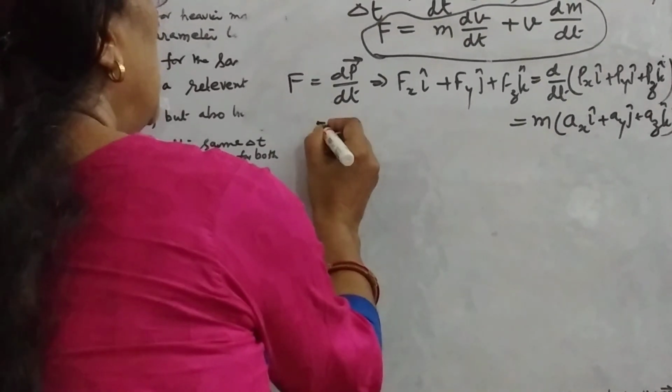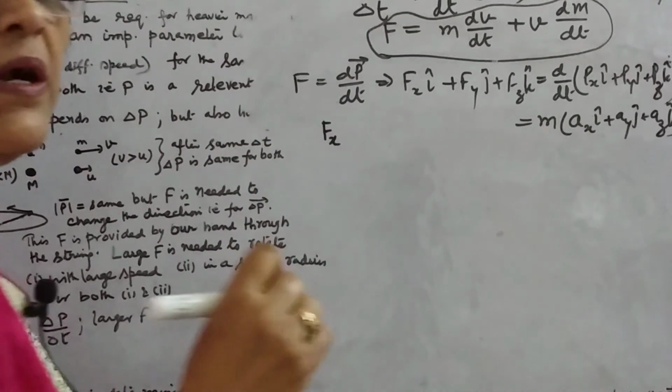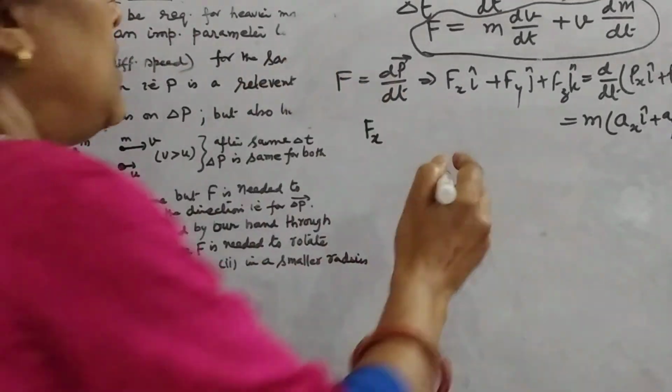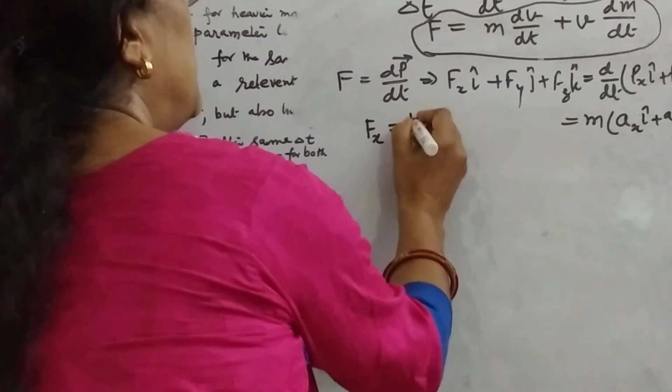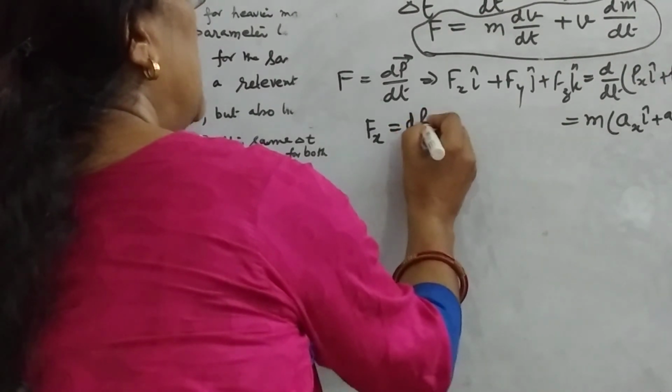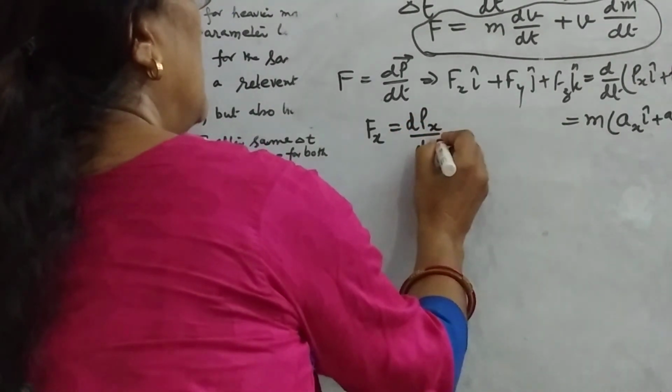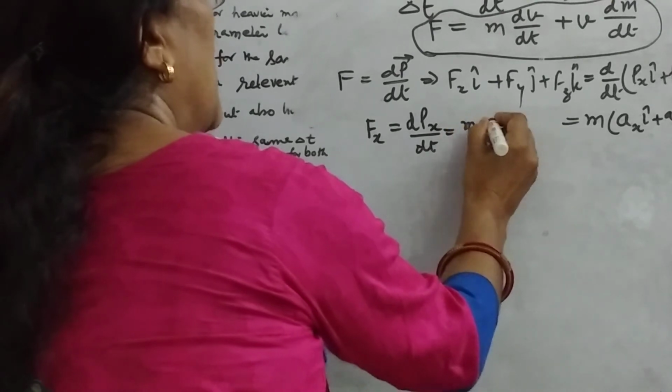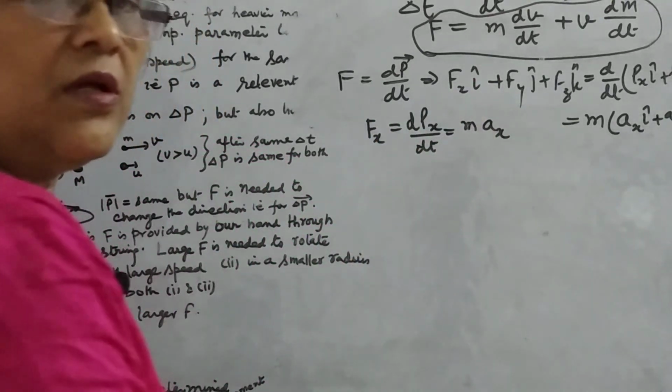You can write here Fx, that is the part of force in the x direction. How can you write this? The magnitude will be dpx upon dt, or you can write m into ax.